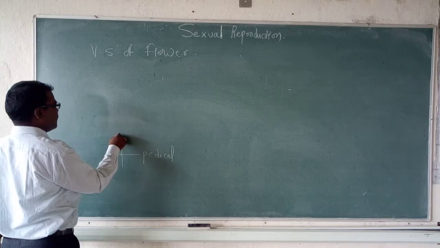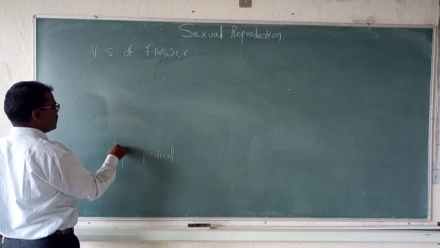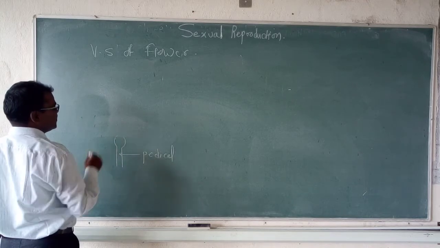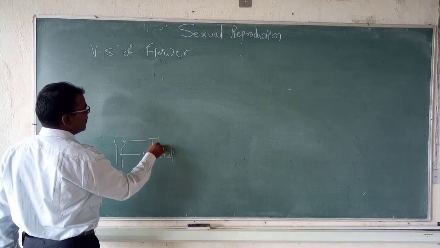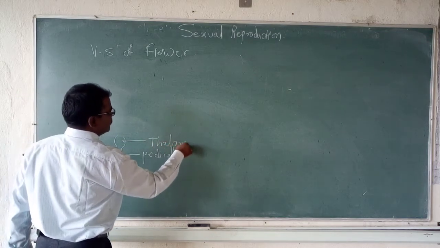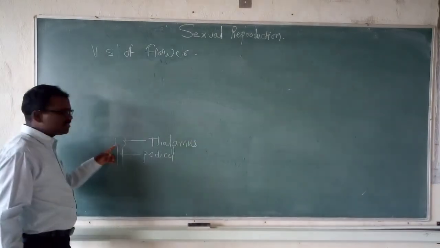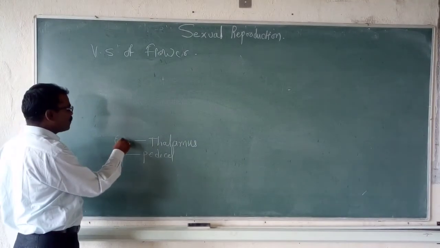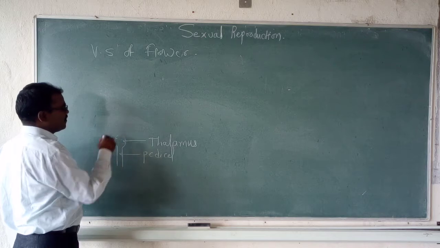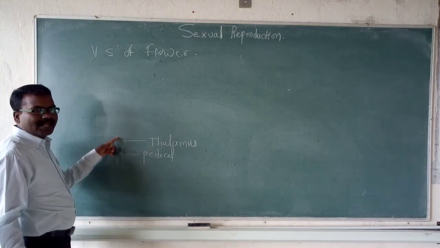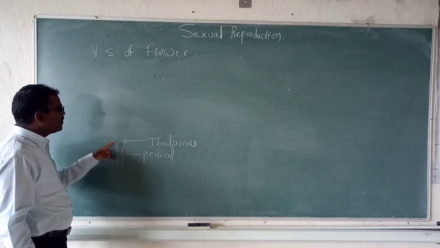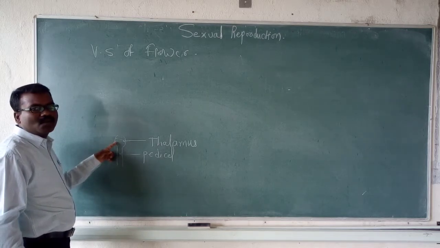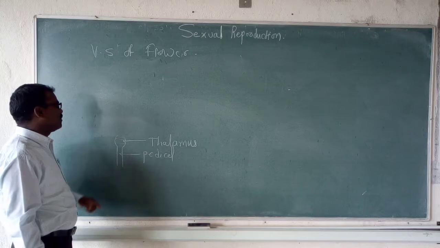On the pedicel there is a swollen portion called the thalamus. Thalamus has nodes and internodes like a stem, on which different floral whorls are developed.